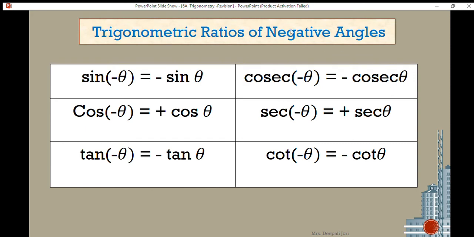So for negative angles, you only have to remember these two, cos and sec. Cos and sec are positive, the remaining 4 are negative, every time the angle is negative.